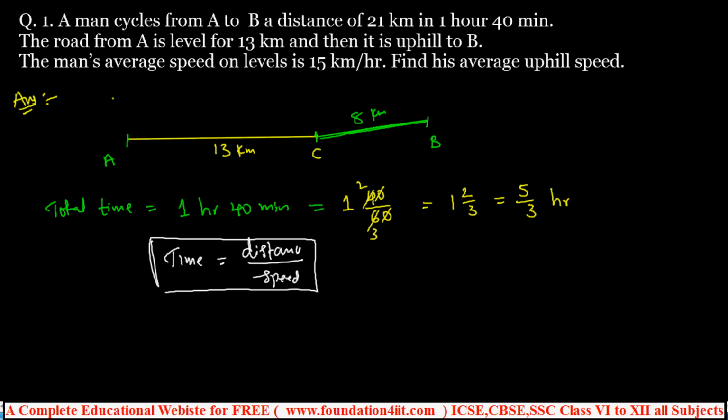From A to C, distance is 13 kilometers and the average speed on levels is 15 kilometers per hour. And 8 kilometers is the uphill distance, and you have to find the uphill speed.